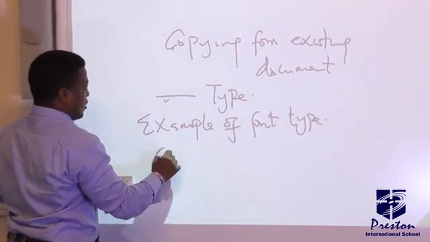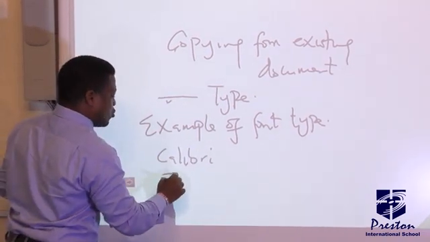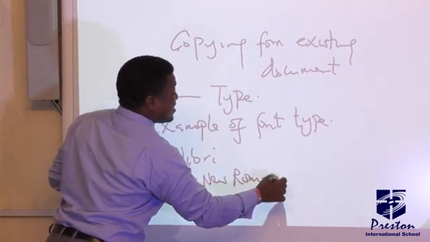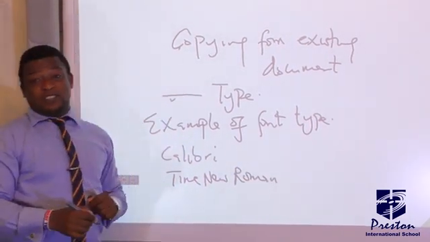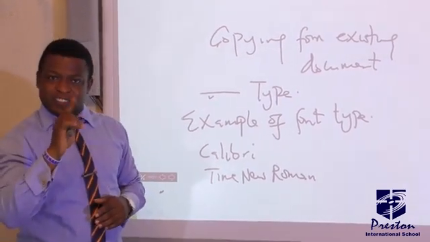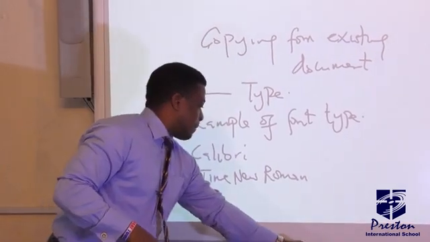We'll look at Calibri. There are several of them. You have Times New Roman, etc. I think they are in their hundreds. So you make sure at least you know 6. You keep that one as an example for yourself.